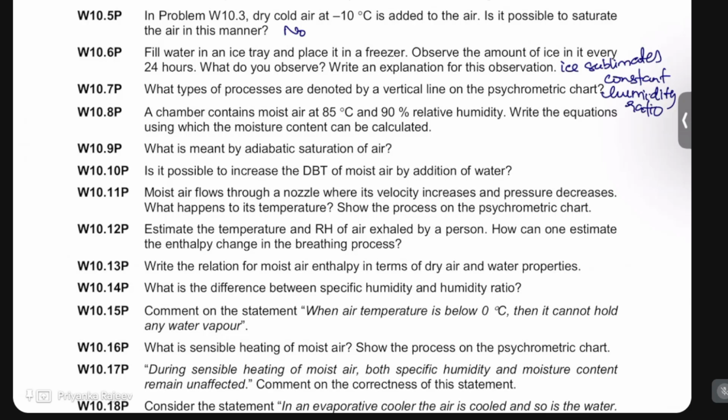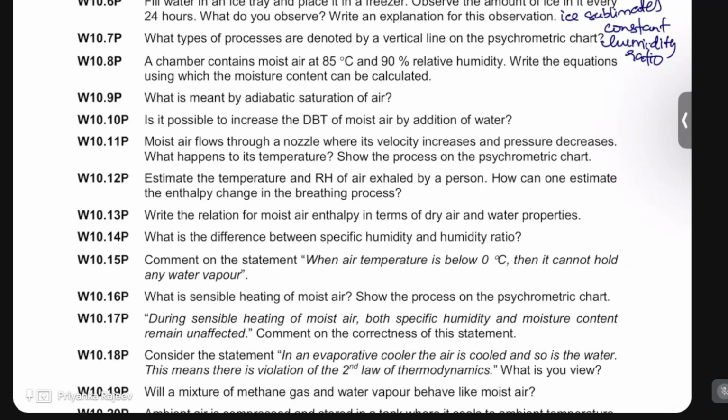So, we have to use the formula: omega equal to 0.622 times Pv divided by P minus Pv, where Pv equal to 0.9 times Psat at the given temperature.